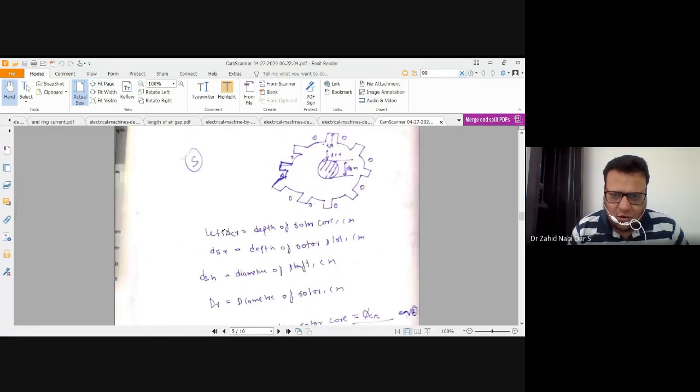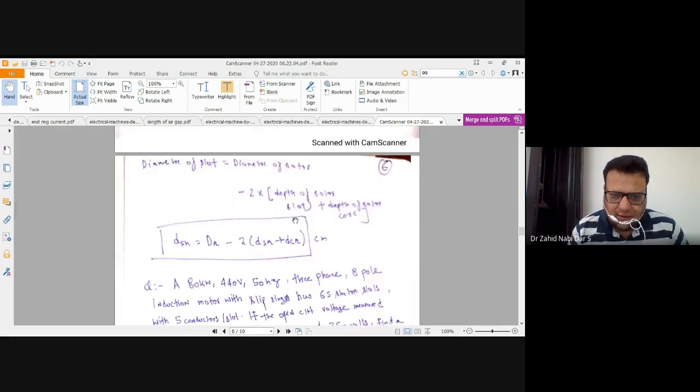The total diameter is this. So the diameter of the rotor means only from here to here you want, so you have to subtract certain things. So again, the diameter of the slot DSH is equal to the diameter of the rotor minus twice the depth of the rotor slot, DSR, plus the depth of the rotor core.